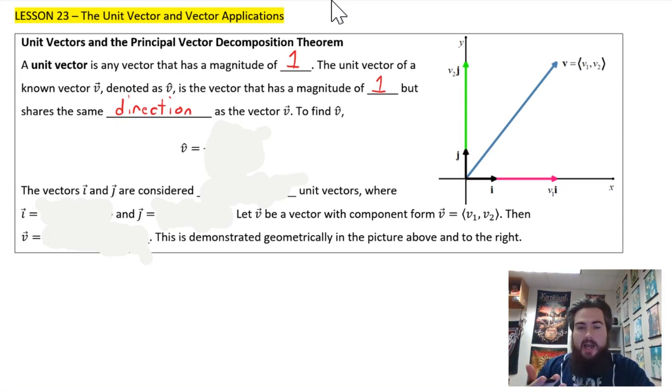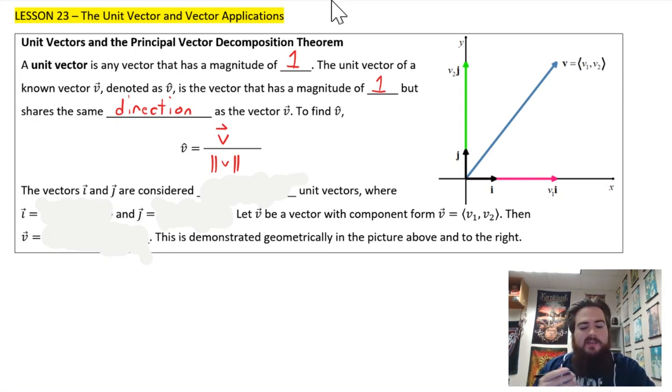So, to find the unit vector for v, what you need to do is to take the vector of v and divide it by its own magnitude, which is equivalent to taking the vector v and multiplying it by a scalar of 1 divided by its magnitude.